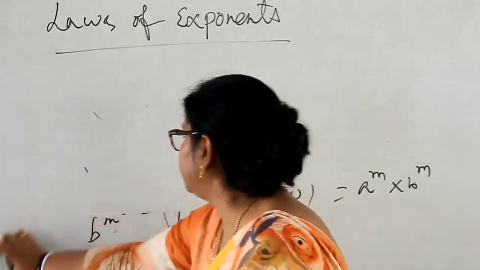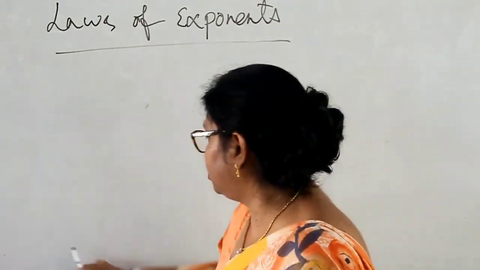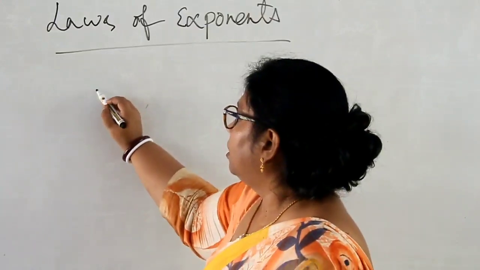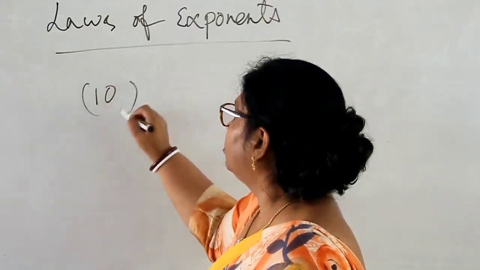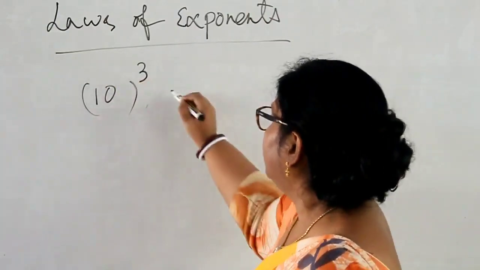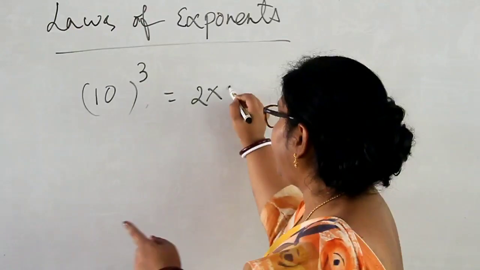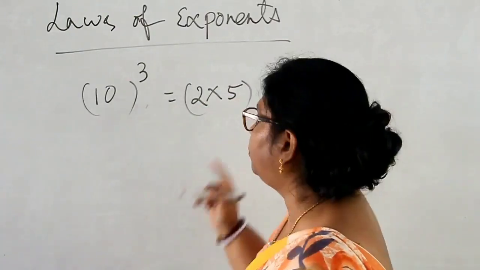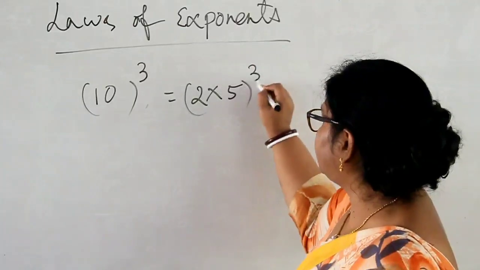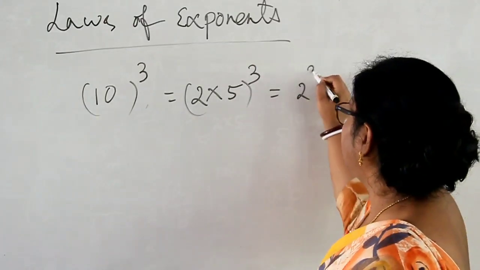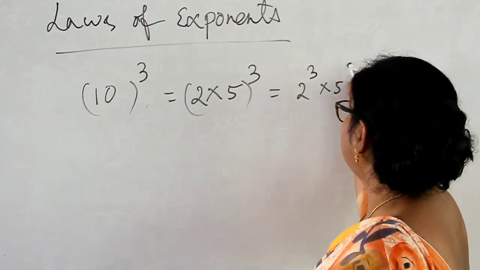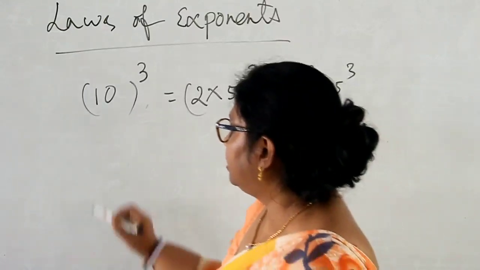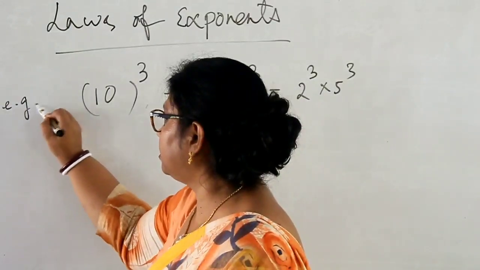So for that, if I am going to write 10 to the power 3, this 10 can be written as 2 into 5, to the power 3, which is going to give you 2 cube into 5 cube. This was the first example.